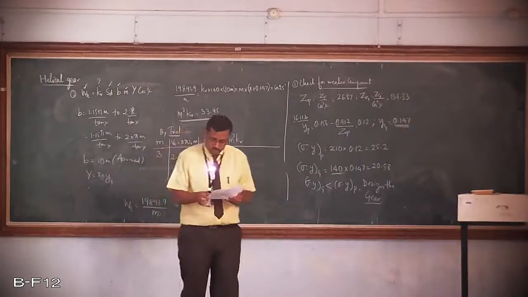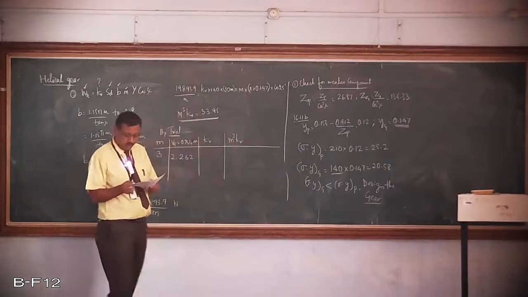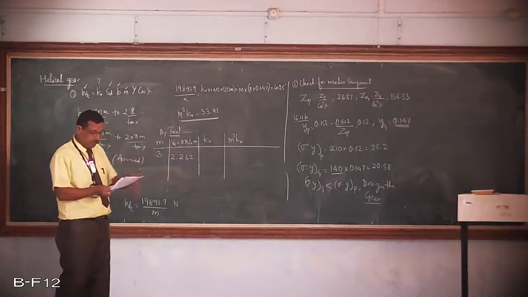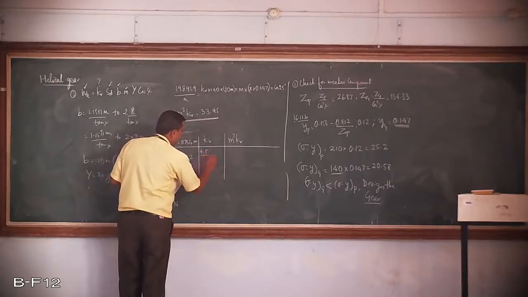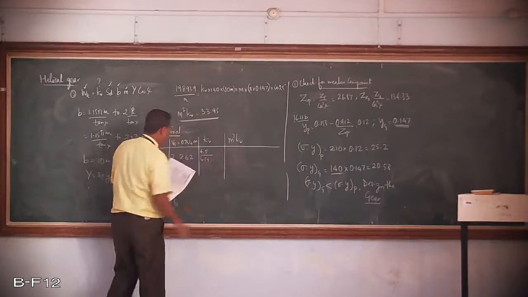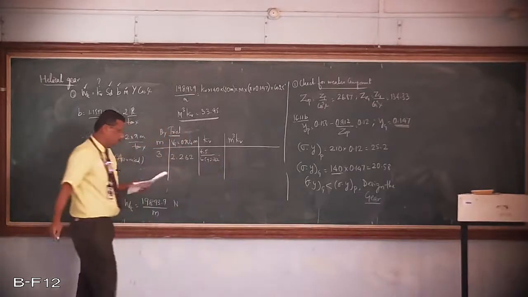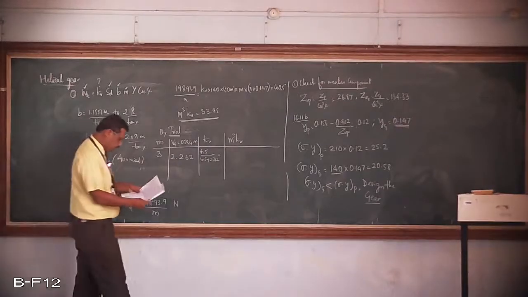Referring to equation 16.32 on page 220, for velocity less than 5 meters per second we can use the equation KV equals 4.5 divided by 4.5 plus V. V is 2.262, and if you simplify, we get KV as 0.665.